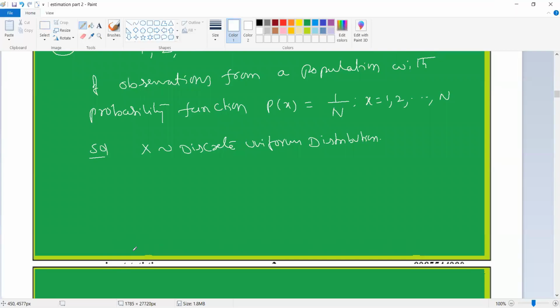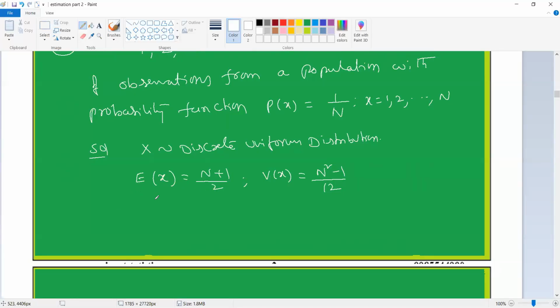So now here, what is the mean? To identify the consistent estimator of n, first of all, you have to calculate the mean here. Expectation of X, by using the properties of the discrete uniform distribution, is (n plus 1) by 2. Variance of X is equal to (n square minus 1) by 12. Refer to the video lessons on discrete probability distributions.